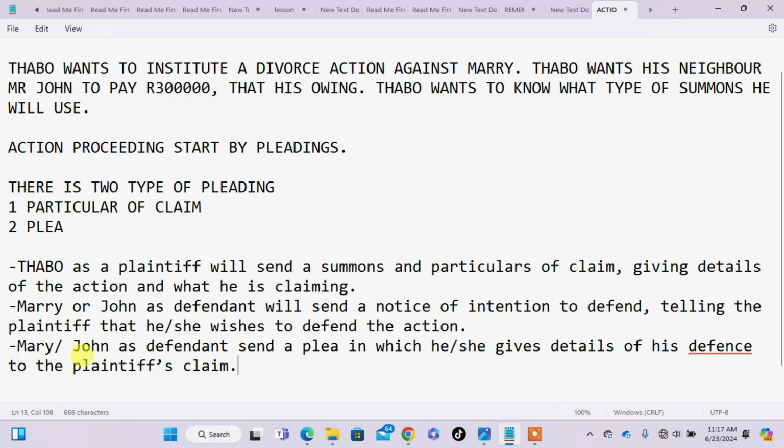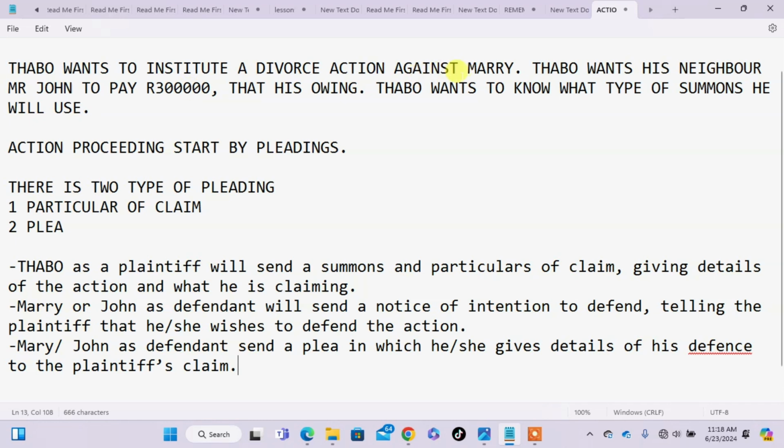Then Mary or John, because they have sent a notice of intention to defend, will have to write a plea. In the plea, they have to give details of their defense, meaning that they have to prove that there's a case on their side. For example, John will have to try to prove on his defense that the money is not 300,000 or he has paid the 300,000 Rand in full.